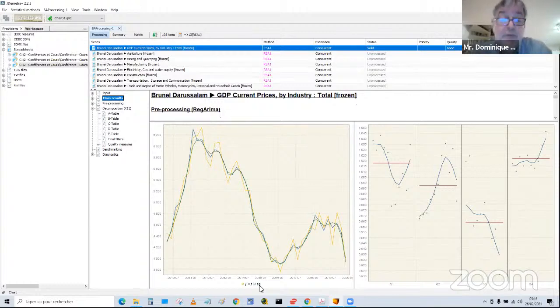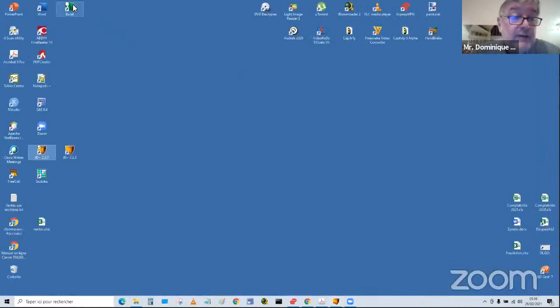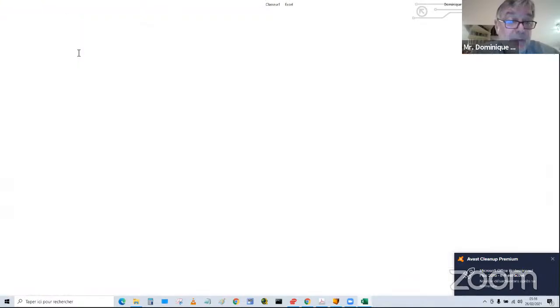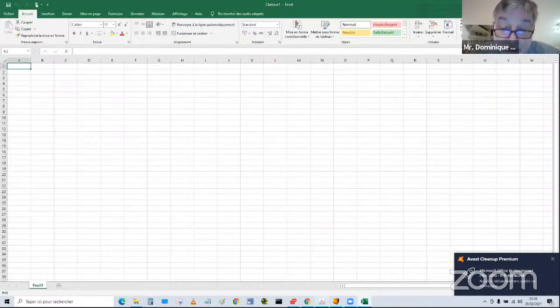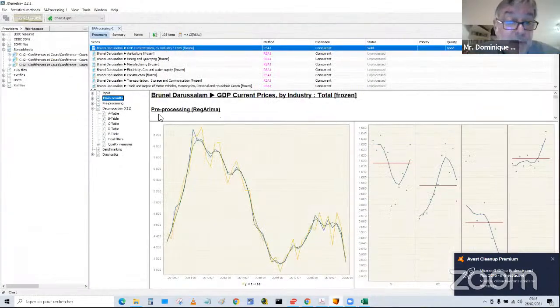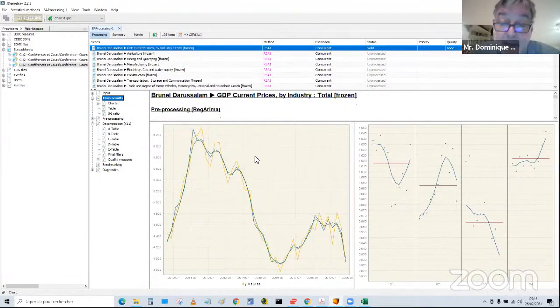But what you can do is, for example, I will do it for you. I can open Excel. This is a blank sheet. I am in JD+. Instead of using this graph, I can export directly. I will show you again how to do it.